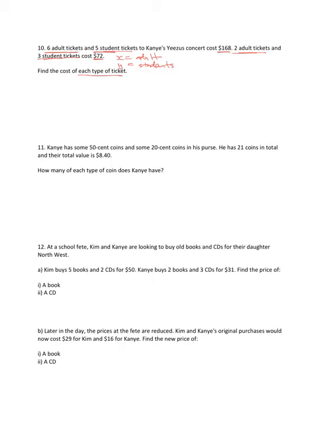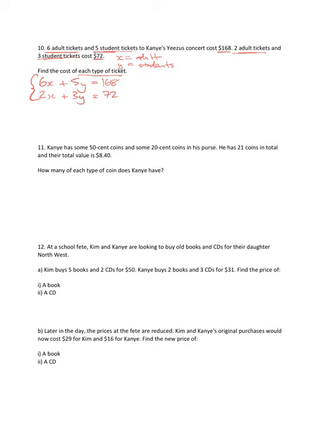Alright, 6 adult tickets is going to be 6x plus 5 student tickets is going to be 5y's, and we're told they cost $168. 2 adult tickets is going to be 2x's, plus 3 student tickets is 3y's is going to be 72. We have 2 separate equations that are referring to the same thing, which is the student tickets. Therefore, they are simultaneous and they can be solved at the same time.